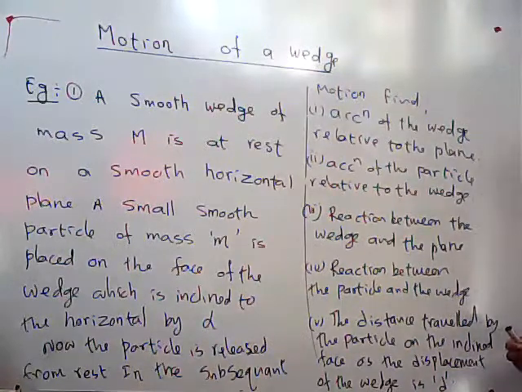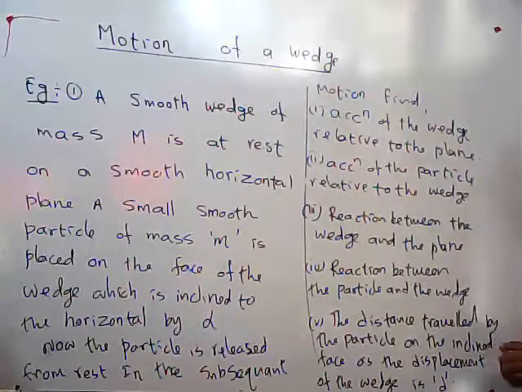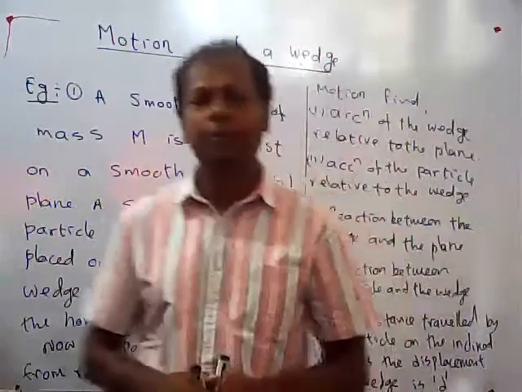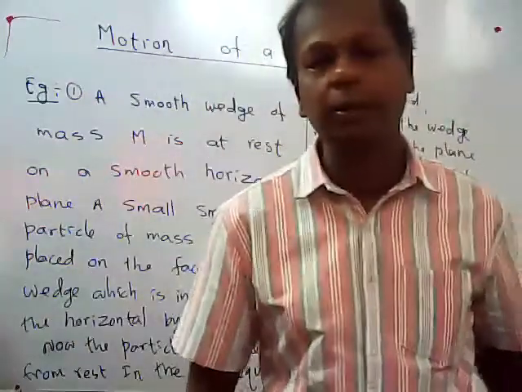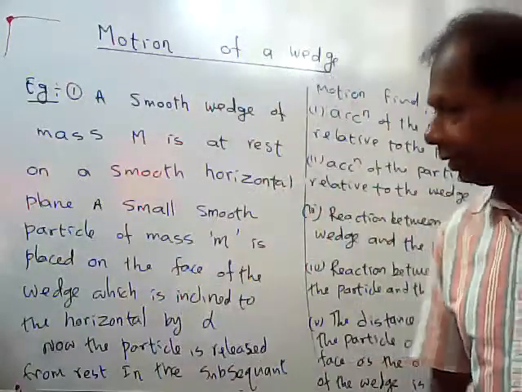The wedge moves on the plane. If it moves the distance d, what is the distance traveled by the particle? So this is the full question. You can take this example down, then you can start analyzing and discussing it.